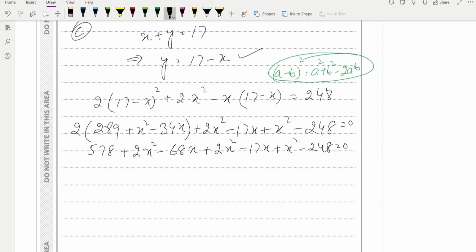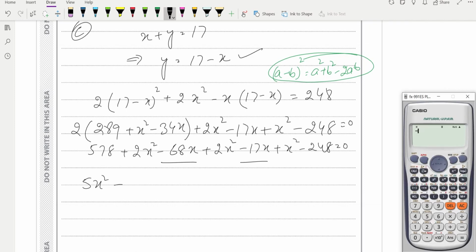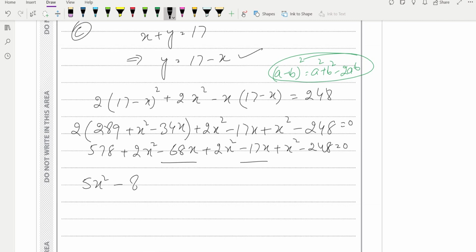Now adding the like terms, so x squared and x squared. So this implies 5x squared. Now we can go for x. x is over here and this one. So two terms, both are minus. So minus 68 minus 17 will be equal to minus 85.